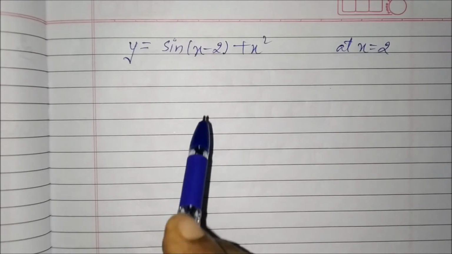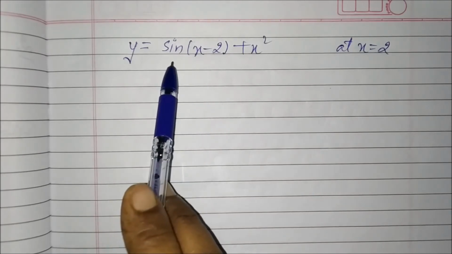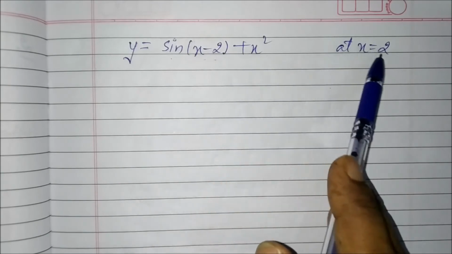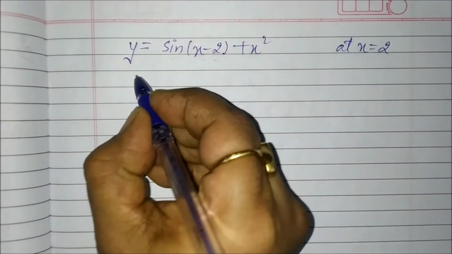Now in this second part, y is equal to sin(x − 2) + x² at x equals 2.